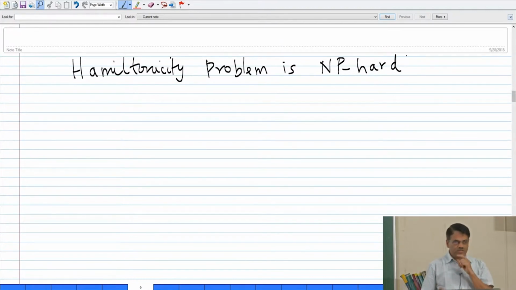Okay. So, first if you want to show some problem is NP hard, what do you have to do? Reduce some known NP hard problem to this problem. This is very important. Don't reduce this problem to that problem, then you are not showing anything. You have to take a known NP hard problem and reduce to this.